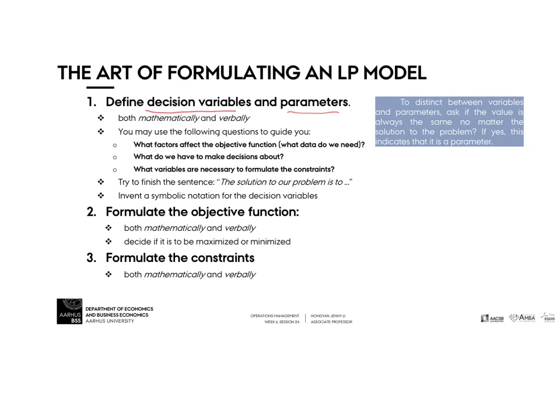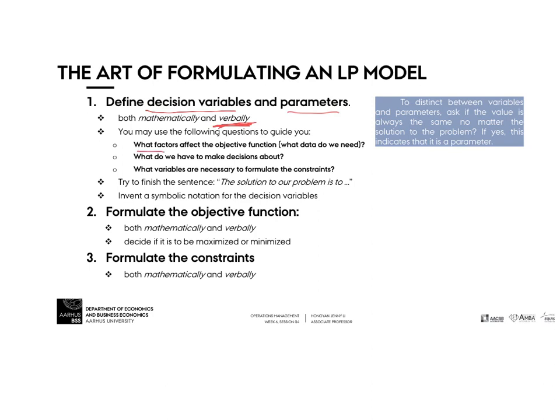Here, different from what we have introduced, always remember to try to explain your idea verbally, so you interpret what you are doing. You try to maximize or minimize the contribution margin, or this is a decision variable for production quantity, and so on. You may use the following questions to guide you.